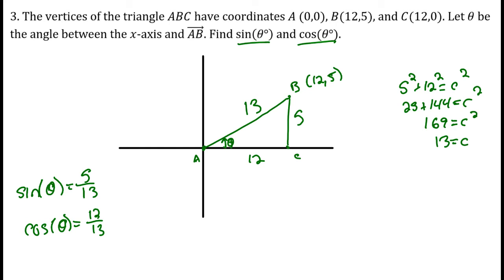Now, if I actually was to go into the unit circle and make a circle with a radius of 1, this point right here, that blue point, has the coordinates cosine, sine: 12/13, 5/13. That's the point on the unit circle, because on the unit circle cosine theta is x, sine theta is y. But when we're not in the unit circle, we have to use right triangle trig.